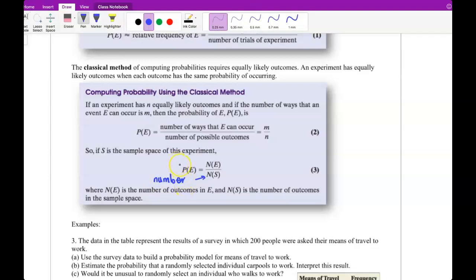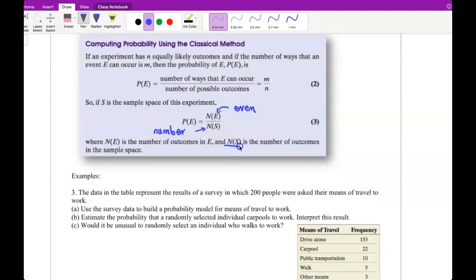Exactly the same as this one. This is P for probability, and here is the event. Okay, so this is the number of outcomes, and that is in the sample space. I don't want to write outcome here, so you may think of that as our outcome, or rather the number of outcomes inside that sample space.